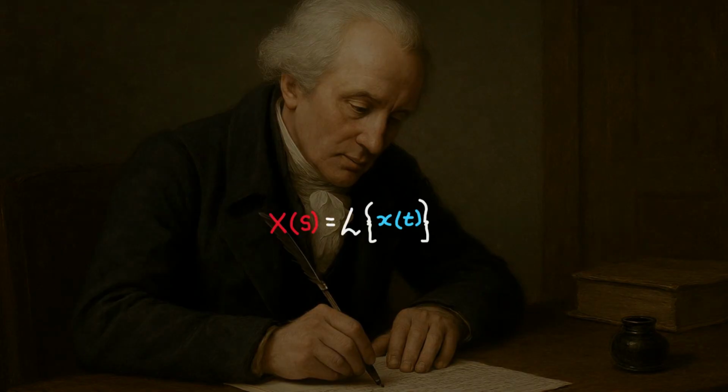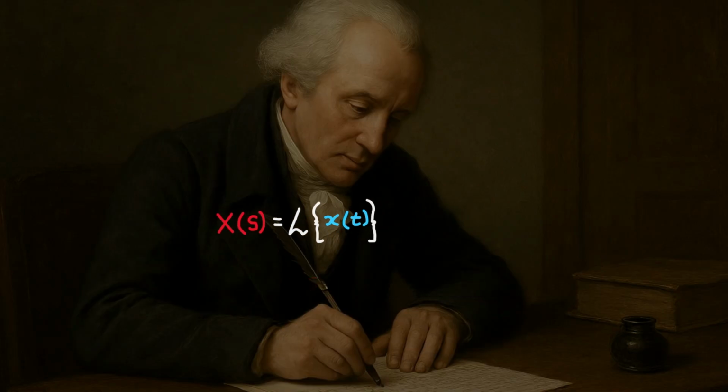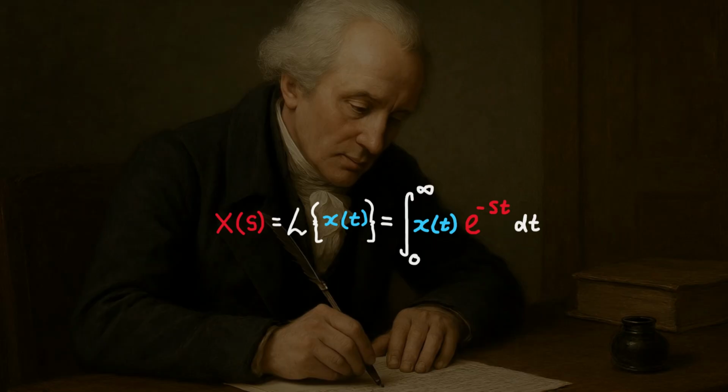And it converts some function of time, say x of t, into another function of a different variable, capital X of s. The way it does this is by calculating the integral of x of t times e to the power of minus st dt from time equals 0 to infinity.